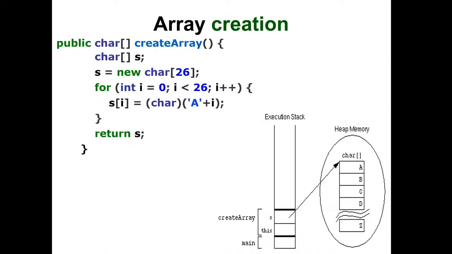Let's move on. As I already said, this is the way you can create and populate your array. So in this case, it's creating a heap memory, right? Using the array, and you have the array of elements stored in the memory.